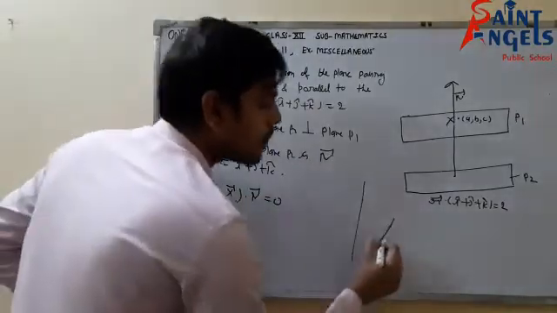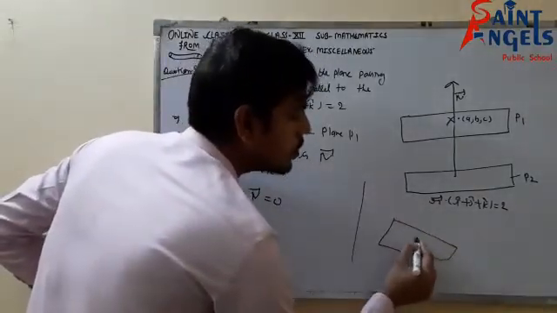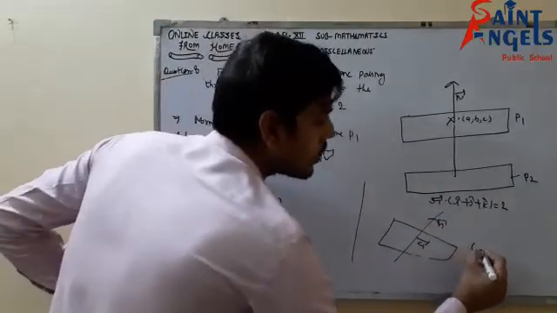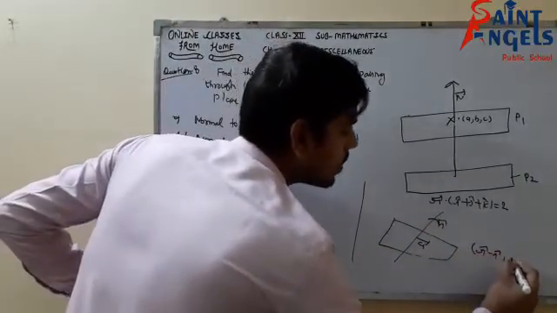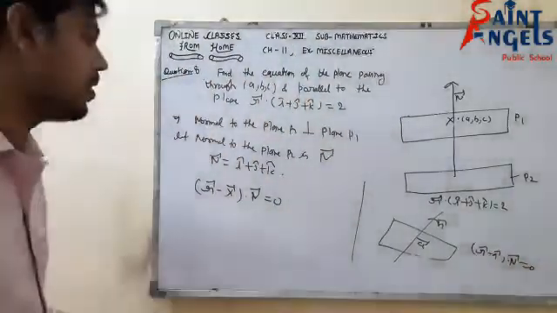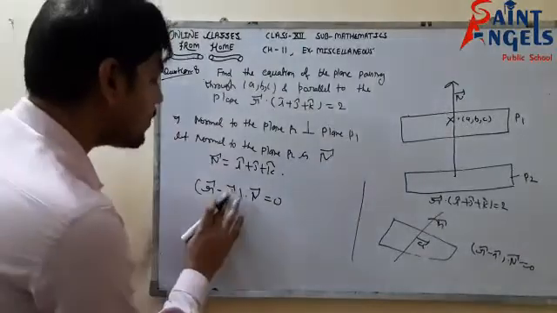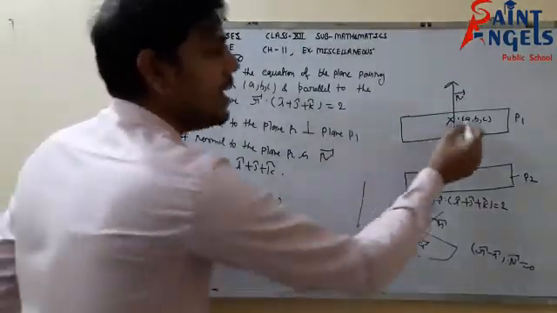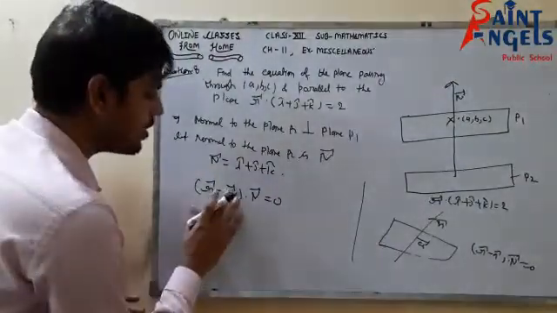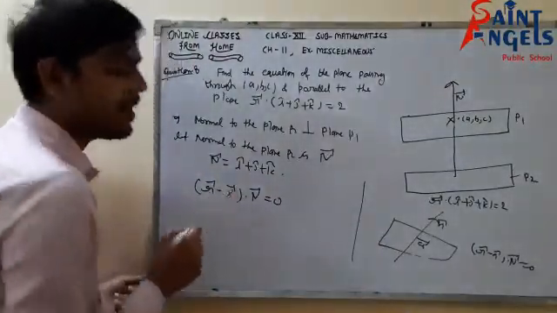We know that a plane passing through the position vector a and perpendicular to a vector n has the equation (r vector minus a vector) dot n vector = 0. I'm just applying the same equation, but I'm not writing a here because (a, b, c) is the point name, so you might get confused. That is why I'm writing x vector.